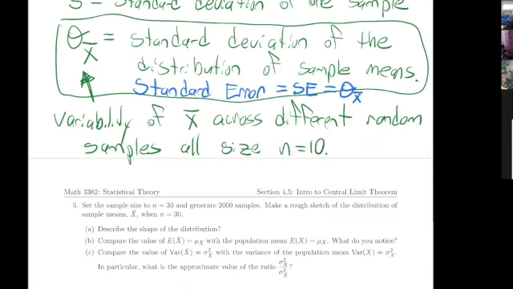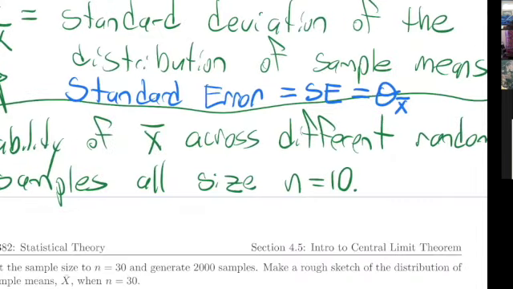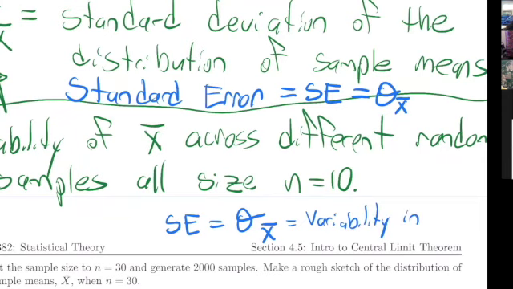And it might be written in different ways. Sometimes we might write it just with an SE. Just keep in mind, this is exactly measuring the standard deviation of the distribution of sample means. That's a mouthful. So this is measuring the variability in sample statistics.